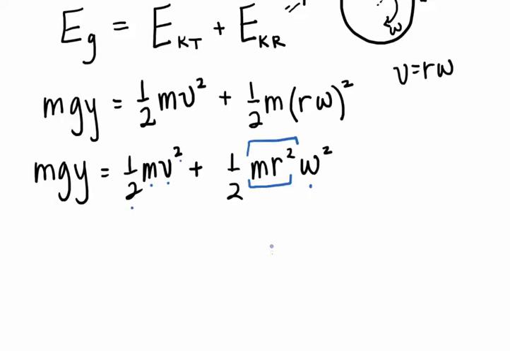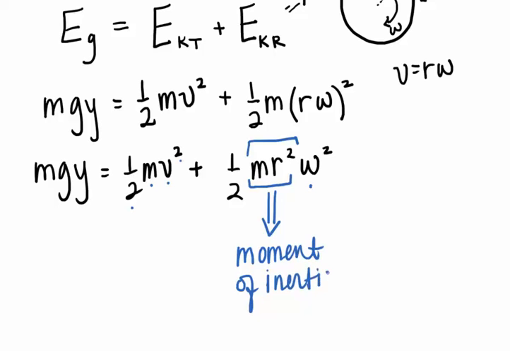This mr squared. This tells me how the mass is distributed. This is called the moment of inertia. You cannot use that if the mass is unevenly distributed.